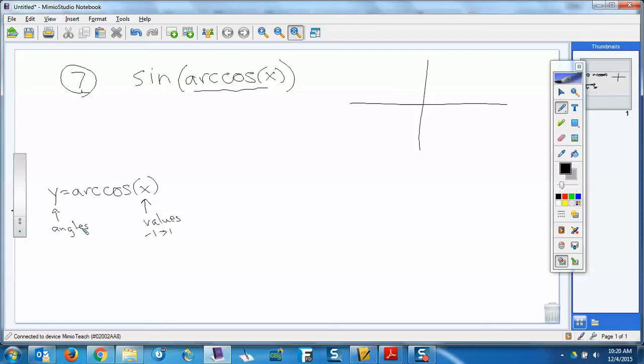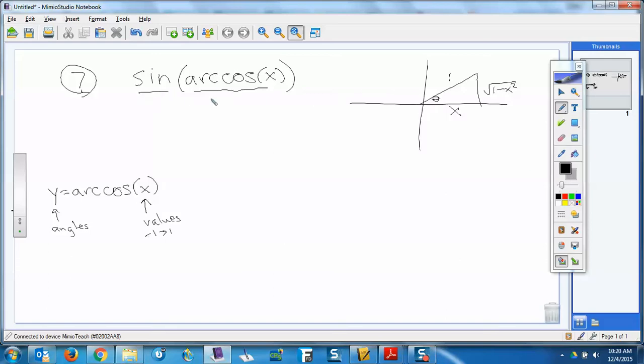So we draw the triangle with this angle, because cosine is adjacent over hypotenuse. Then with the Pythagorean theorem, it's the hypotenuse squared minus the adjacent squared, and then the square root of that, to finish the triangle.